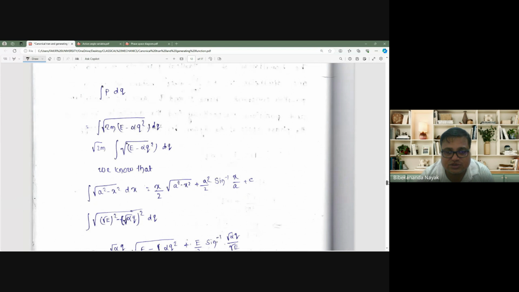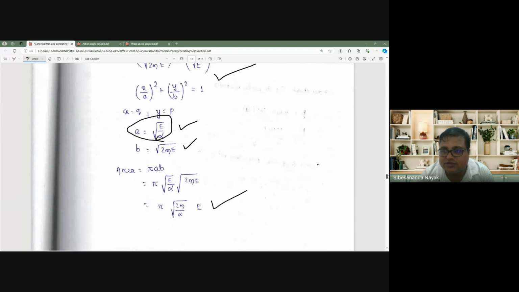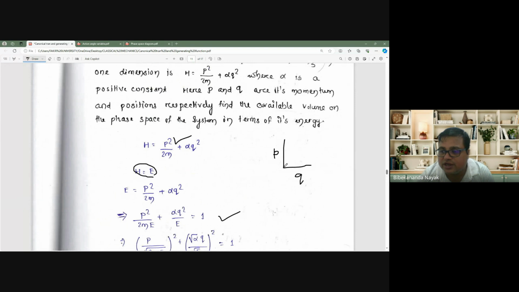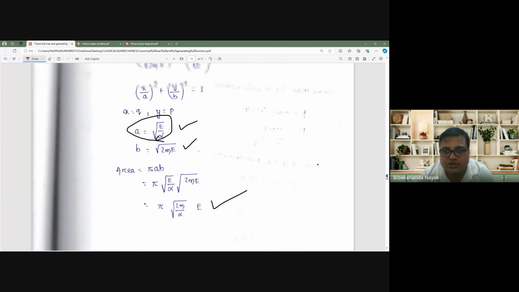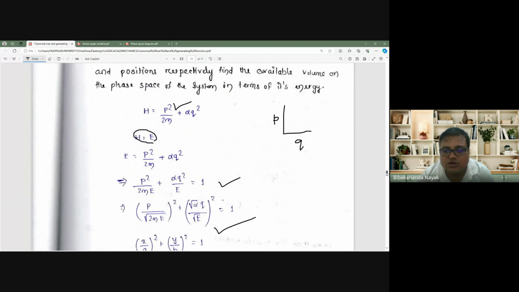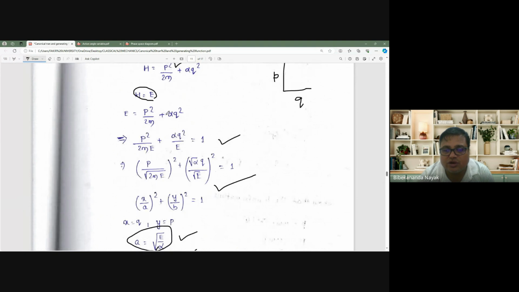Another thing, this area must equal the elliptic variation, the integral of p dq over the whole space. So if you write p dq, and p is equal to, from this equation we got, the square root of 2me minus alpha q squared, and putting that in, this integration gives a squared by 2 sin inverse x by a.